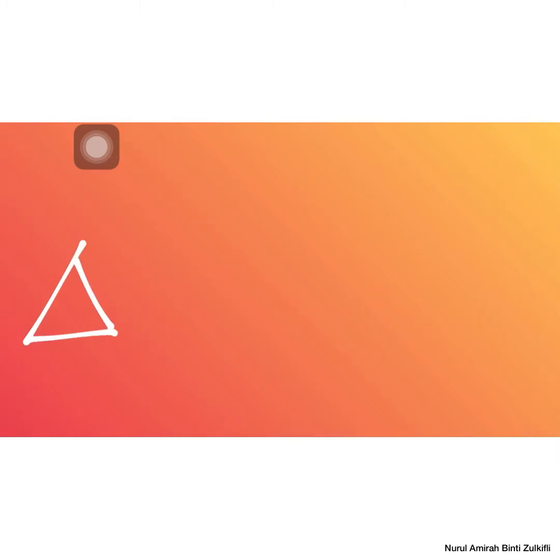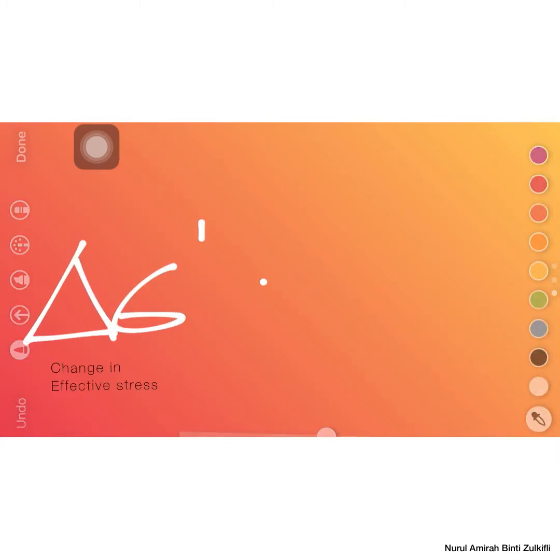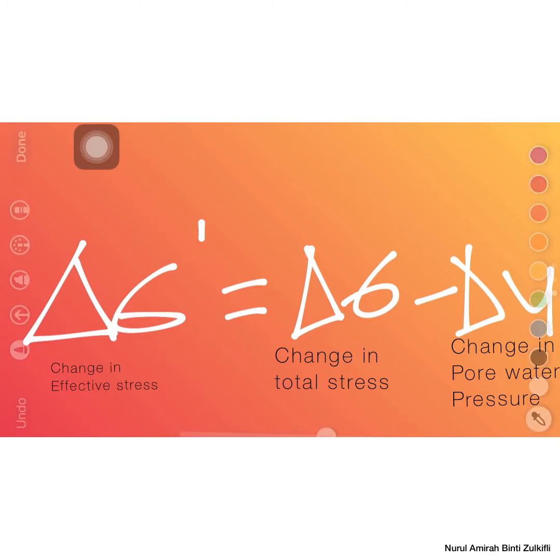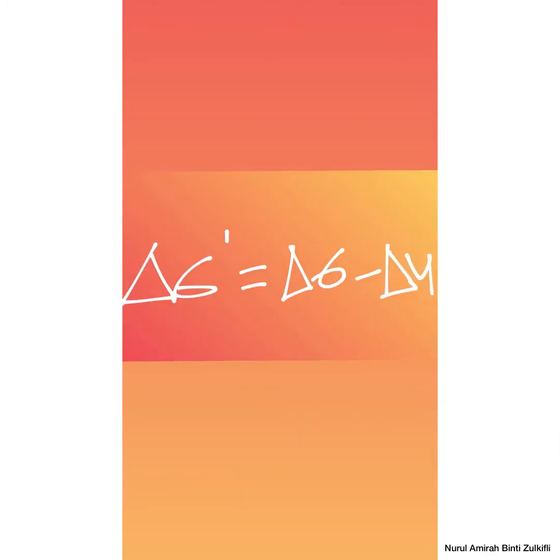Next, change in effective stress equals change in total stress minus change in pore water pressure. The change can be either in the total stress with constant pore water pressure, or in the pore water pressure with constant total stress. And if the total stress and pore water pressure change equally, the effective stress remains constant and the soil state does not change.